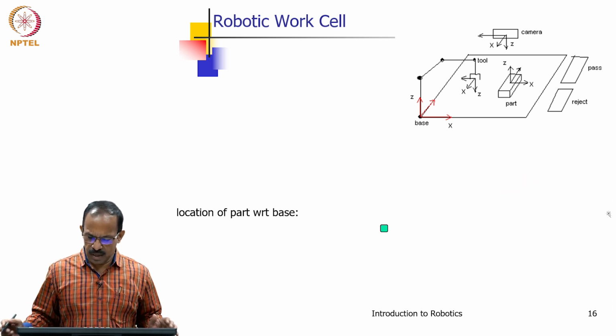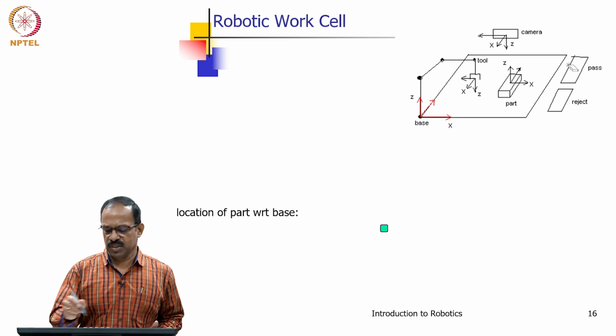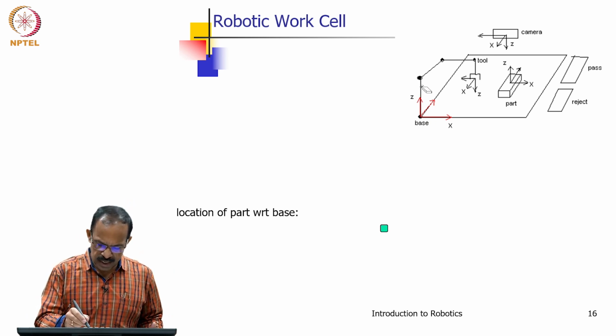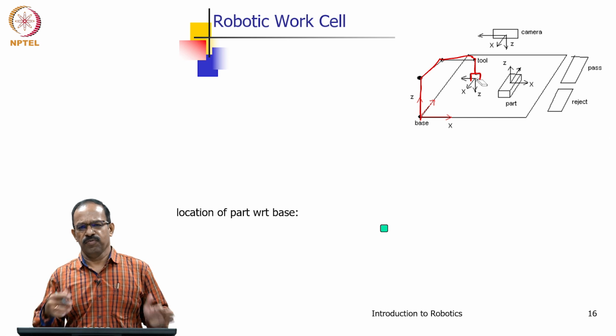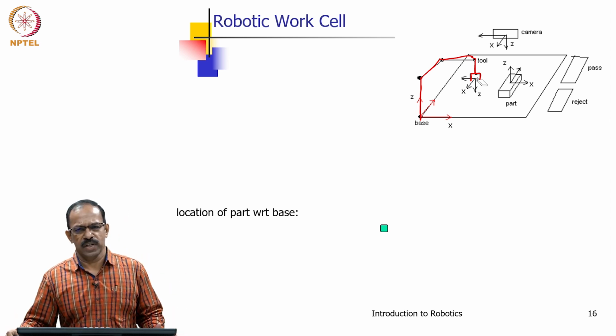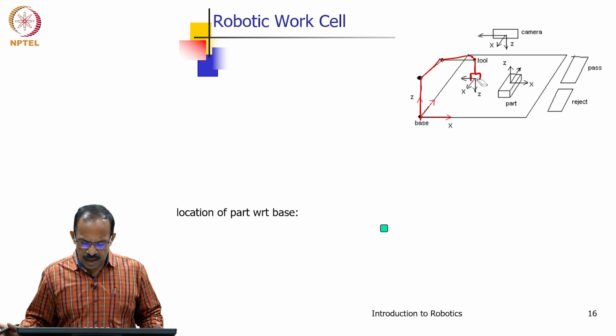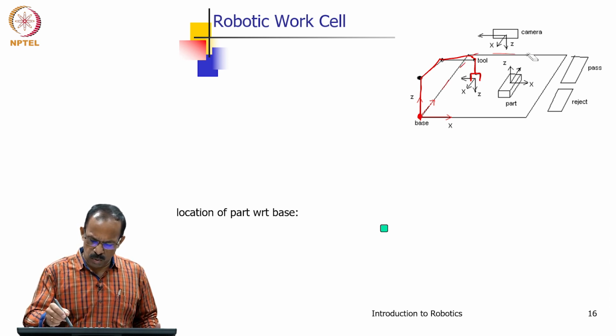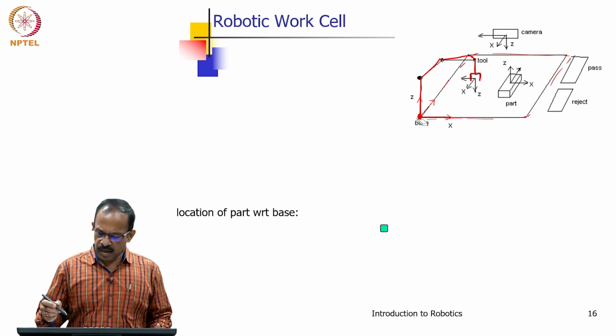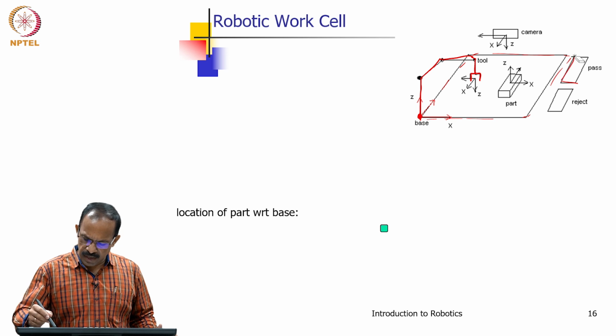Now, we assume that this is the work cell. You have a robot here, a manipulator, as you can see, with some 4 or 5 degrees of freedom, whatever you can imagine, and this is the base of the robot. This is considered the work area of the robot, and we assume that there is a pass bin and a reject bin.